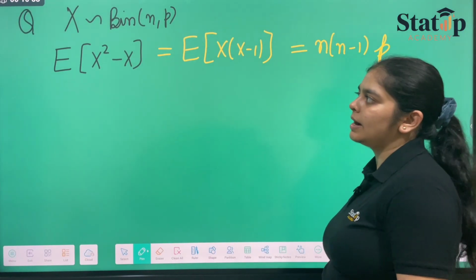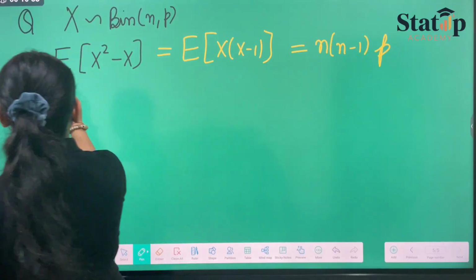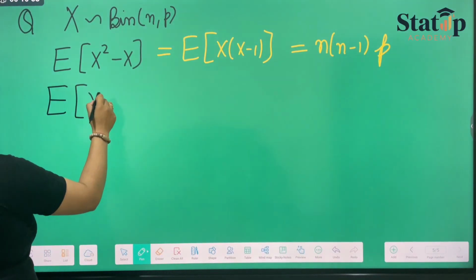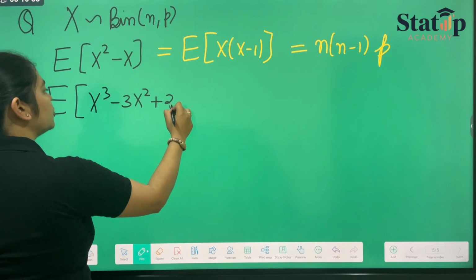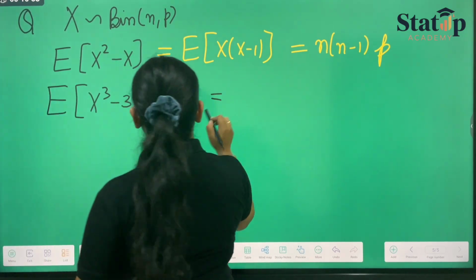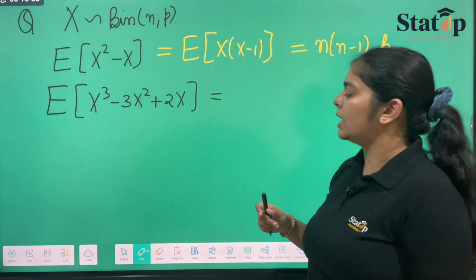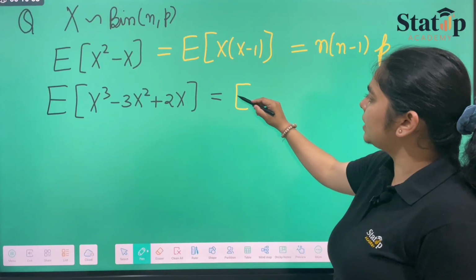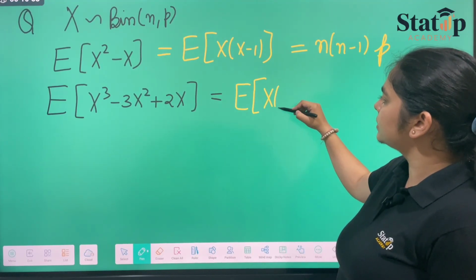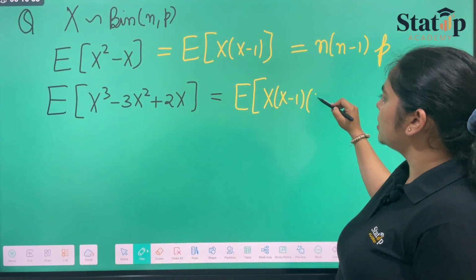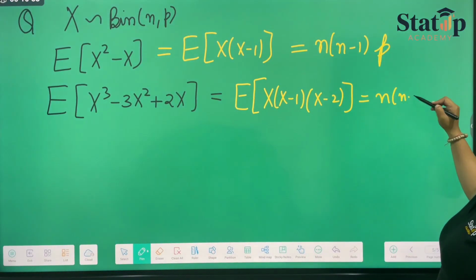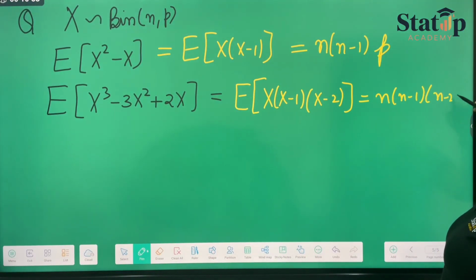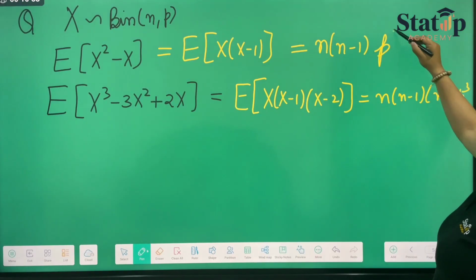And similarly, suppose they give you expectation of x cube minus 3x square plus 2x. Now if we take things common outside, then we will be getting this as nothing but x into x minus 1 into x minus 2, which will be nothing but n into n minus 1 into n minus 2, p cube.